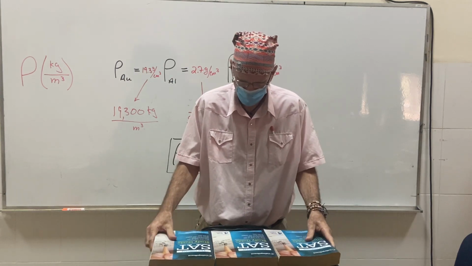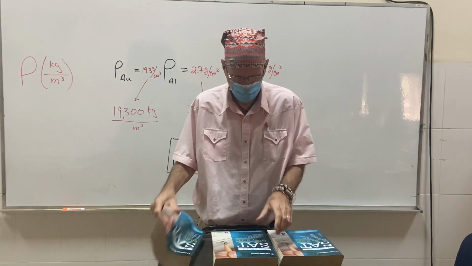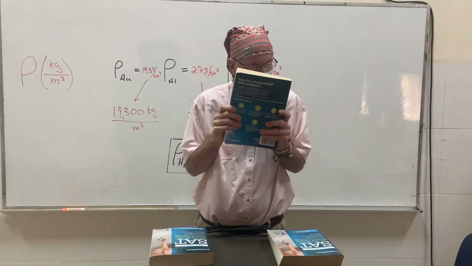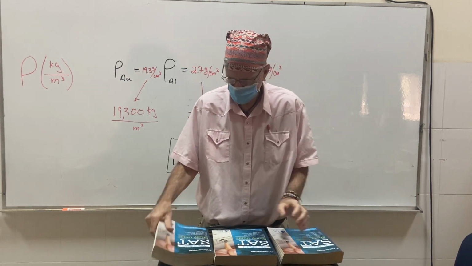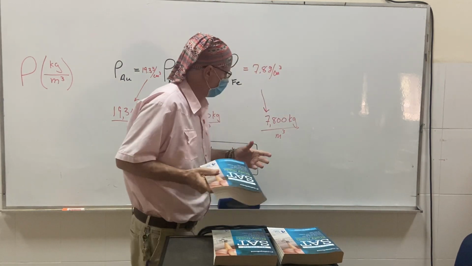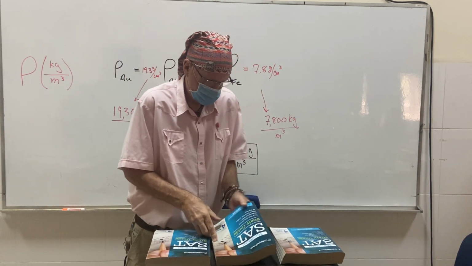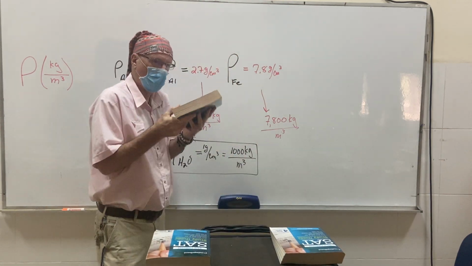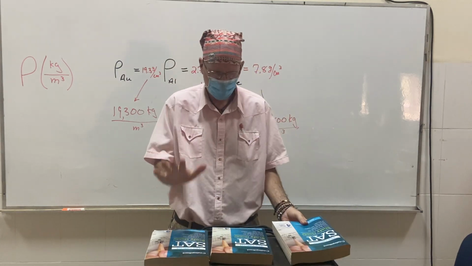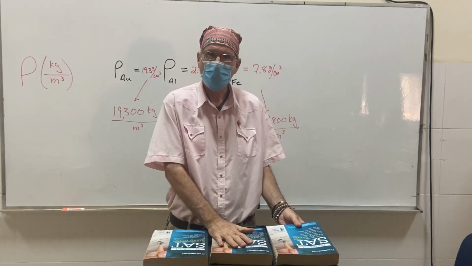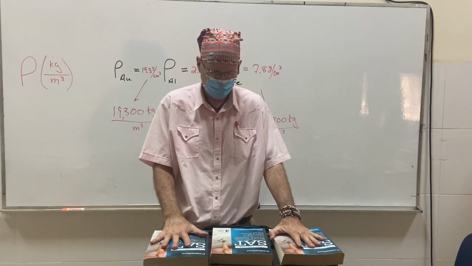Volume. Now, right, what I have: gold, aluminum, iron. Very heavy, very light, in the middle, okay?